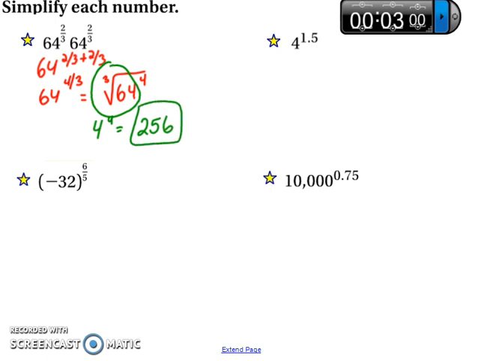We're going to rewrite that as 4 to the 3 halves. And then we have the square root of 4 cubed. So again, outside in, the square root of 4 is 2. 2 cubed is going to give us 8.